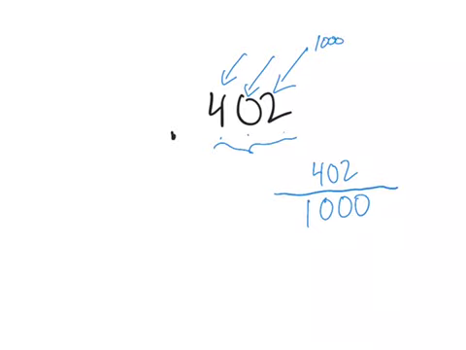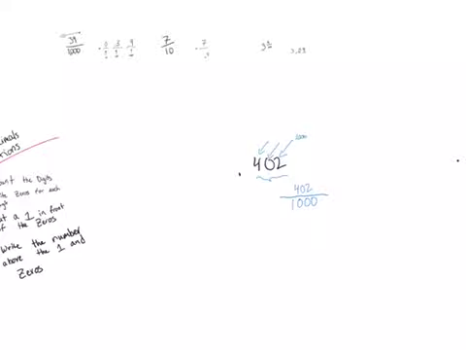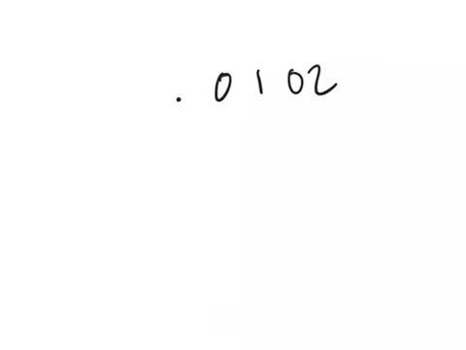Okay? Let's look at another example that might kind of confuse you. We have 0.0102. My first step is to count my digits. 1, 2, 3, 4. Hang on, let me erase this because I don't want to confuse you. Here we go. Alright.